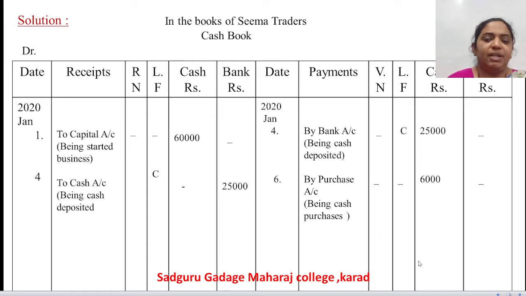Then is the date 4. On the 4th, it is said cash deposited into Bank of India. What deposited? Cash. Do you remember something? Yes, it's a contra entry. Whenever contra entries are there, remember you have to write C in the LF column on the debit side and C on the credit side also, and you have to write the effect on both sides.